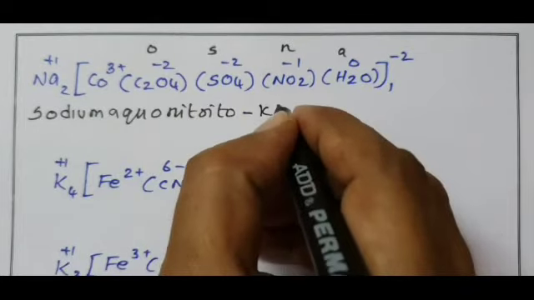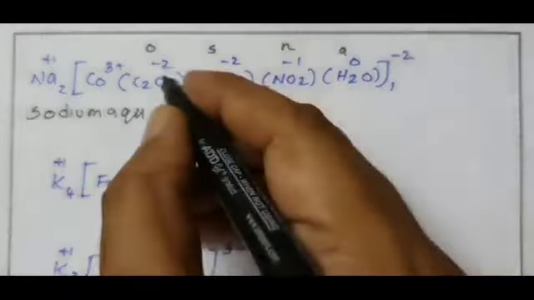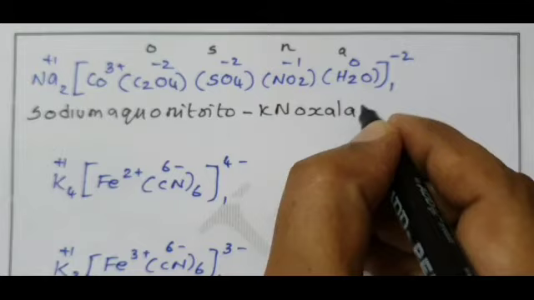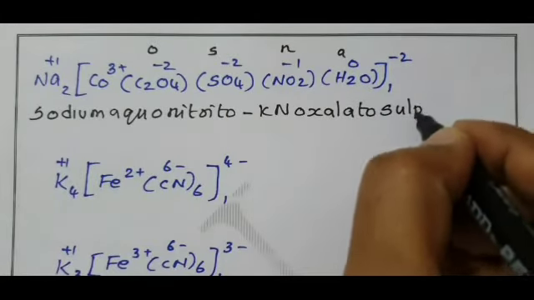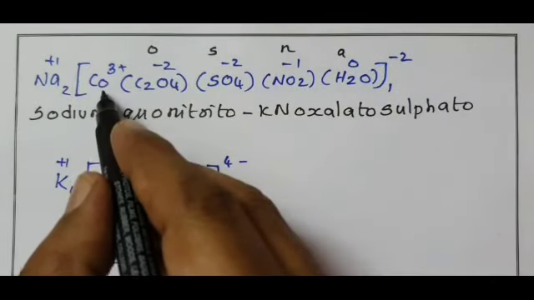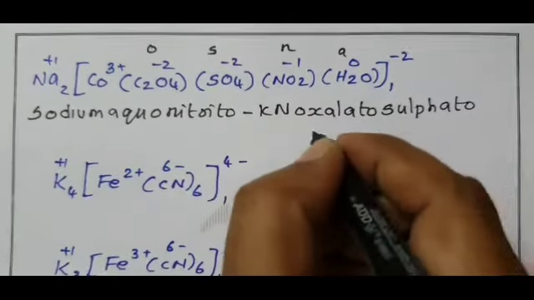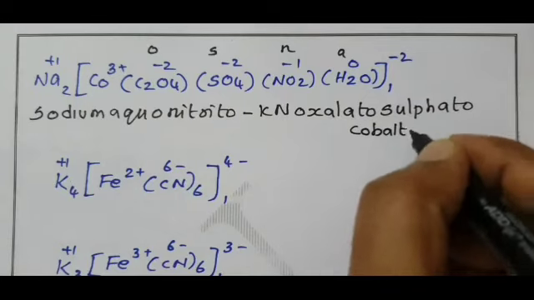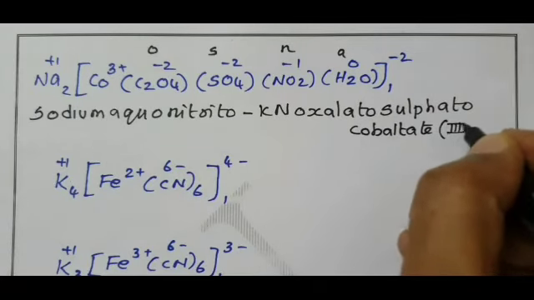Kappa N, donor atom. O, oxalato, only one oxalato we have, therefore oxalato. Another ligand is sulfato. Central metal ion cobalt, anionic complex, therefore the name ends with ate. Cobaltate. Oxidation state of central metal ion is 3.